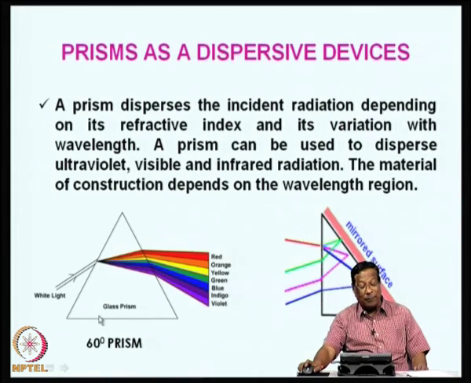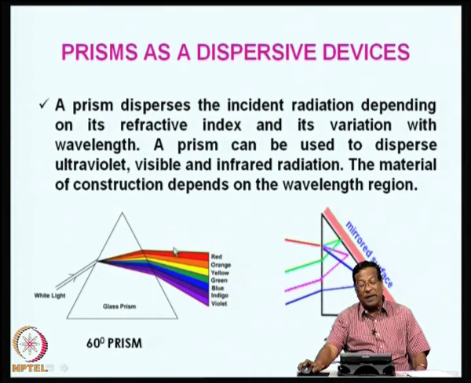Here in this figure, you would see that when we are passing the white light through the prism, it separates into its components, starting from red, orange, yellow, green, blue, indigo and violet. These are the rainbow colors that you see normally in rainbows.